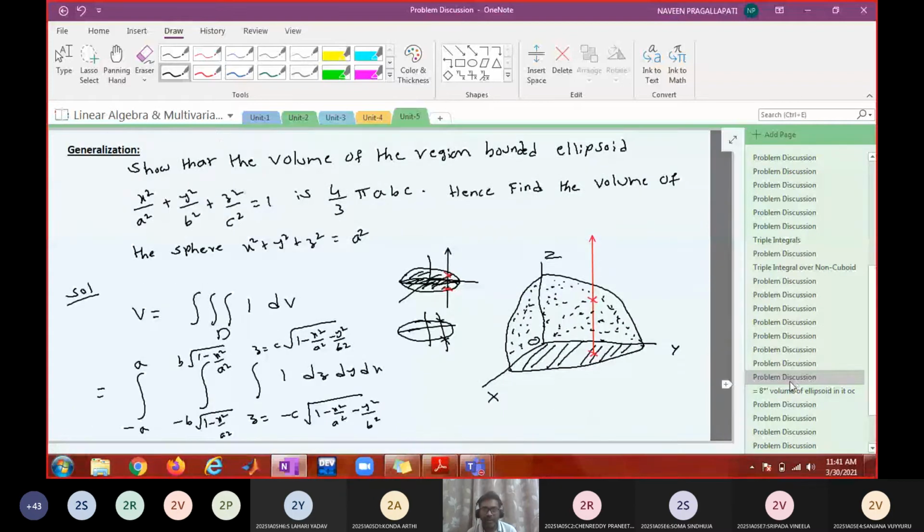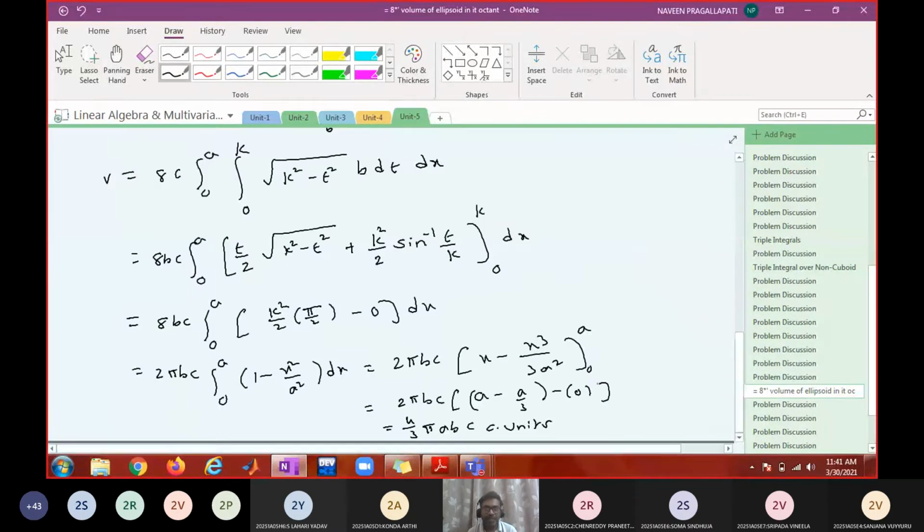So if you put a equal to b equal to c, you will get V equal to 4 by 3 pi a cube, which is the volume of the sphere x square plus y square plus z square equal to a square.